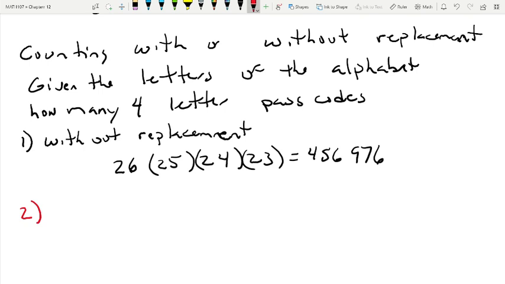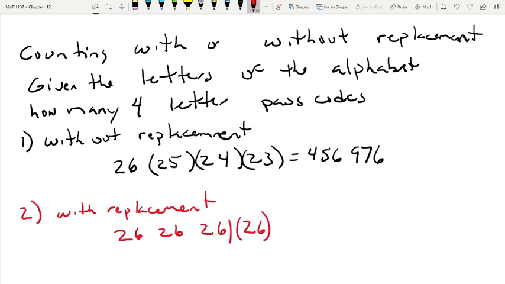And if we do it with replacement, well, there's 26 for the first one, there's 26 for the next one, and 26 for this one, and 26 for that one. Because each time we're saying, okay, we could throw the letter back in the hopper. And I'm sorry, I wrote the numbers backwards. This number is not correct.